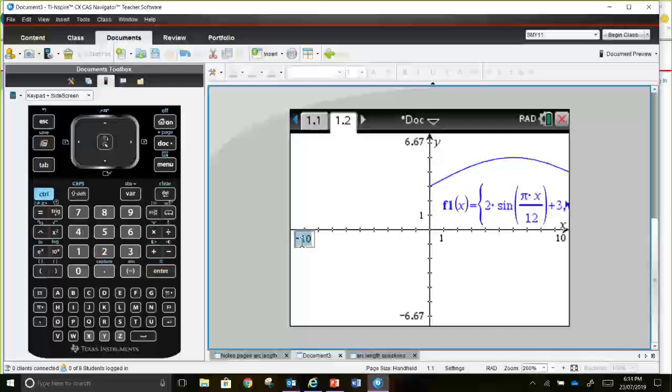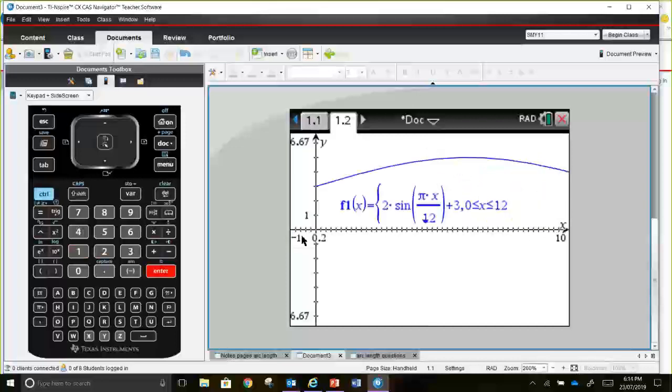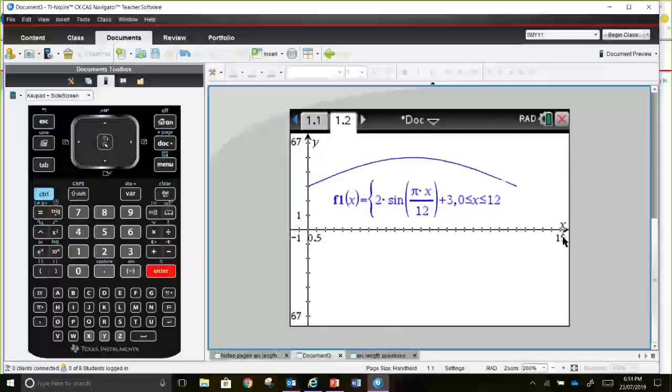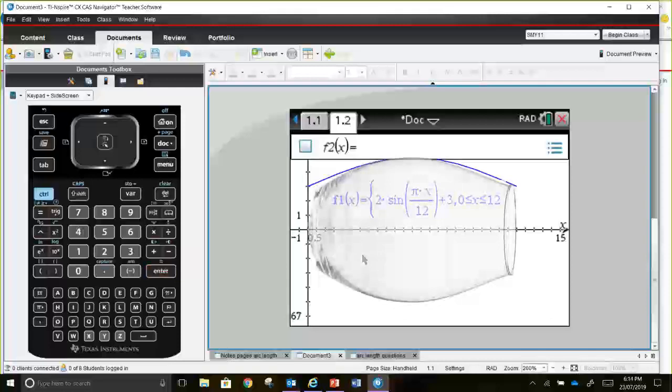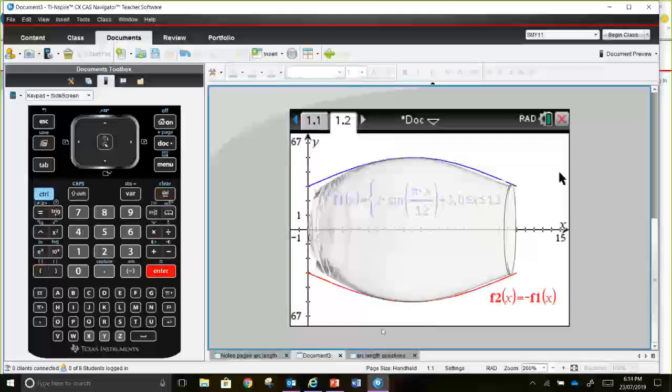We'll change the axis to see more of the curve, and we're going to 12, so let's make it 15. If we rotate, we get the curve which is the reflection in the x-axis. So I might just enter minus f1(x), so we'll get the second half.